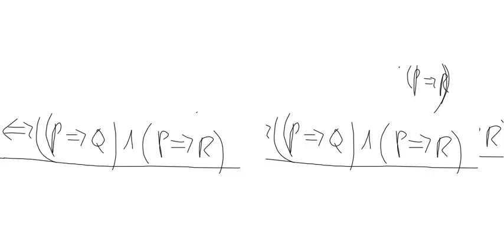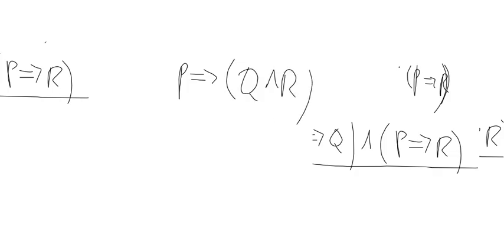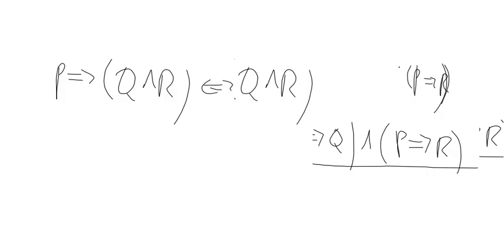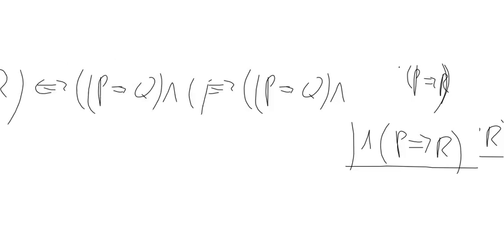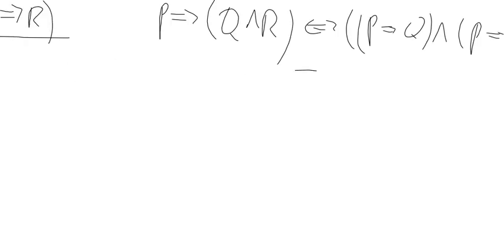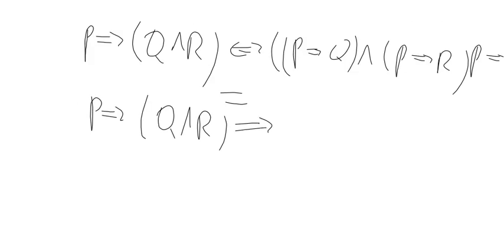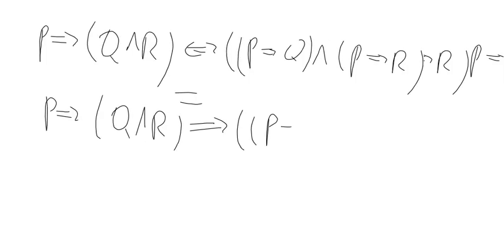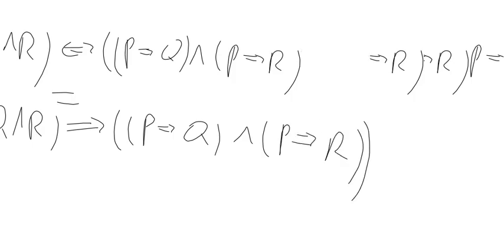If you look at P implies Q and R, if and only if P implies Q and P implies R, then this is equivalent to saying that P implies Q and R implies, the forward direction, P implies Q and P implies R. That's one case.